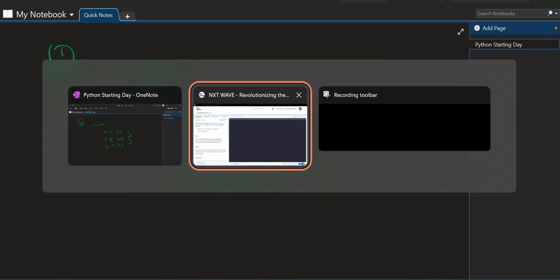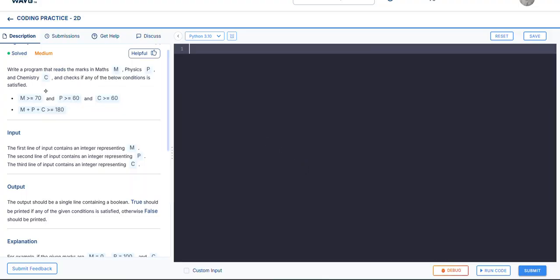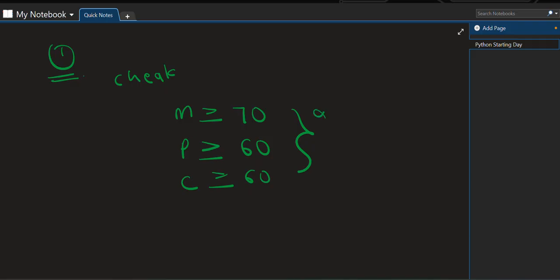If you observe this problem closely, between m greater than 70, p greater than 60, c greater than 60, it is given as and. If they give and, all three conditions must be satisfied. If one is not satisfied, it will be false. You already know from some physics concepts, or concepts in electronics, the truth tables, right?